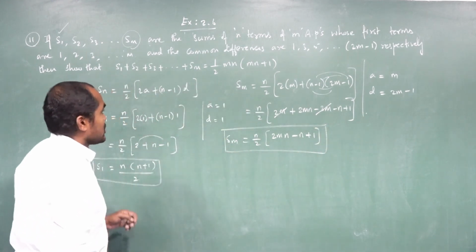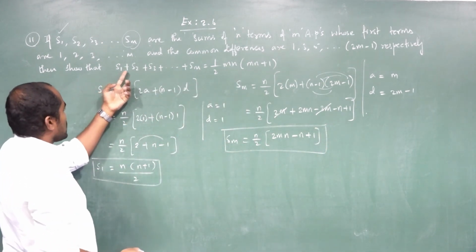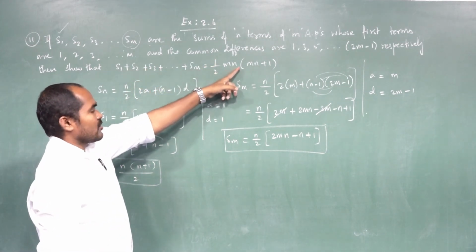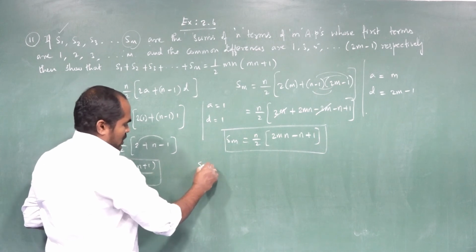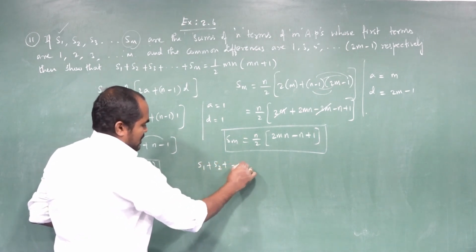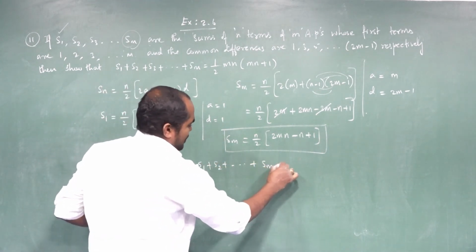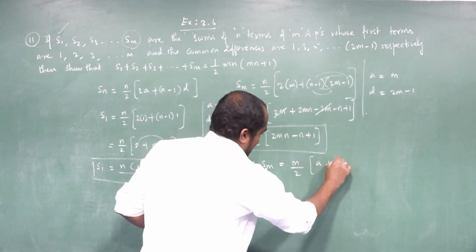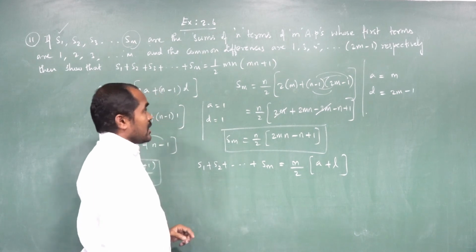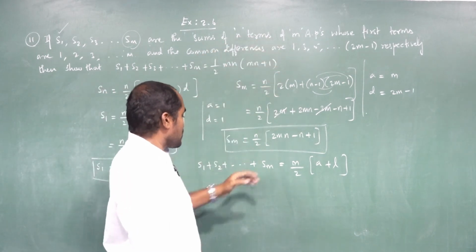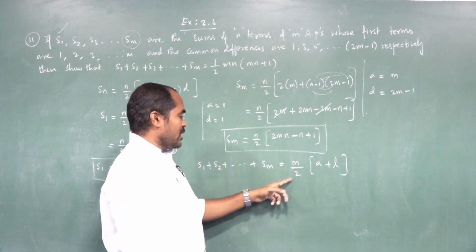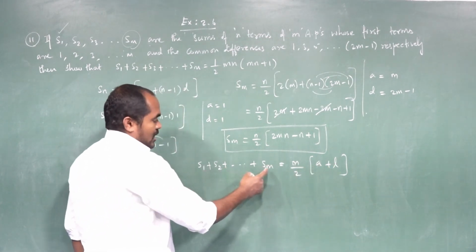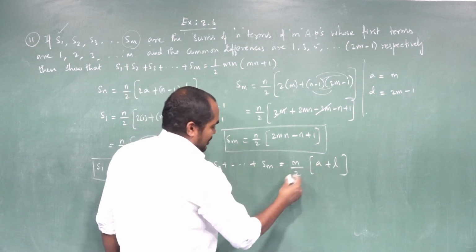So our question is S1 plus S2 plus S3 etc. up to Sm is 1 by 2 mn of mn plus 1. So S1 plus S2 plus etc. up to Sm is equal to m by 2 of a plus l, because the number of terms is m. Here a is S1 and Sm is l.